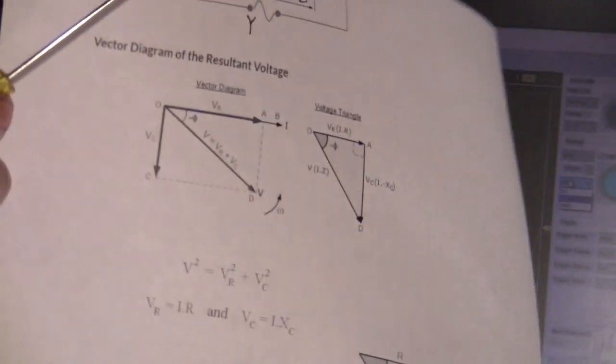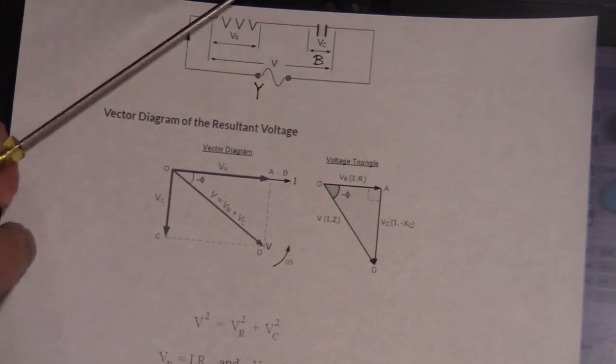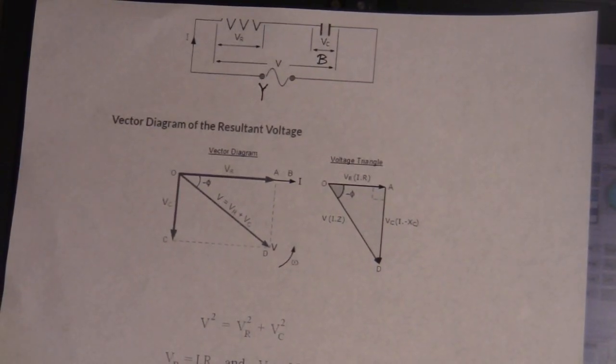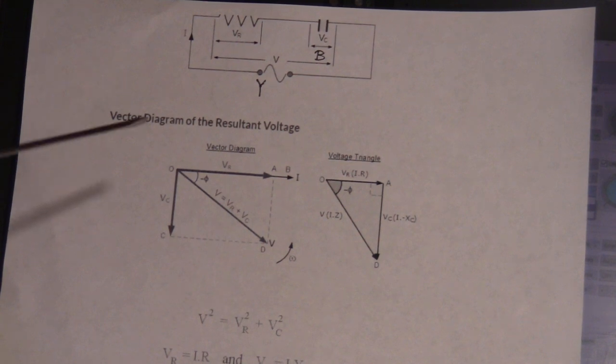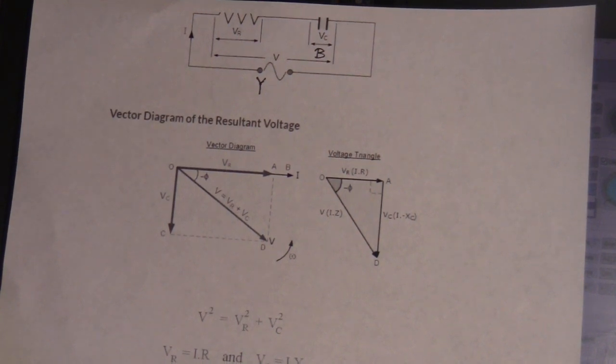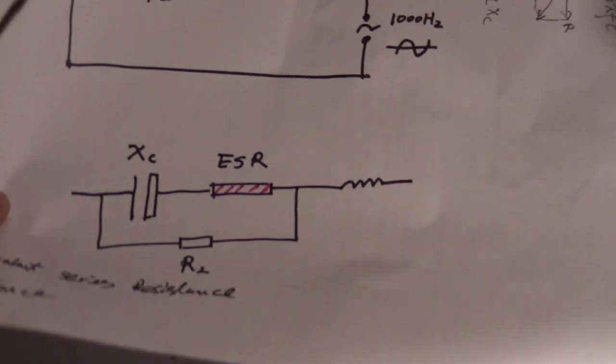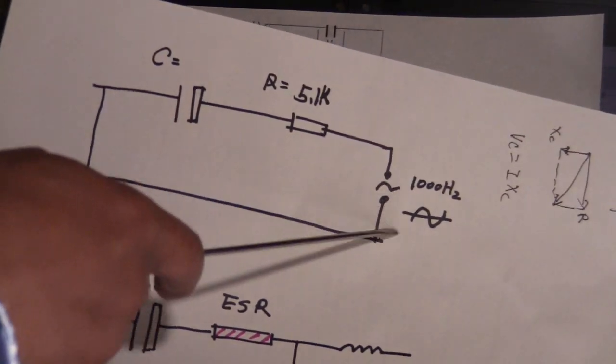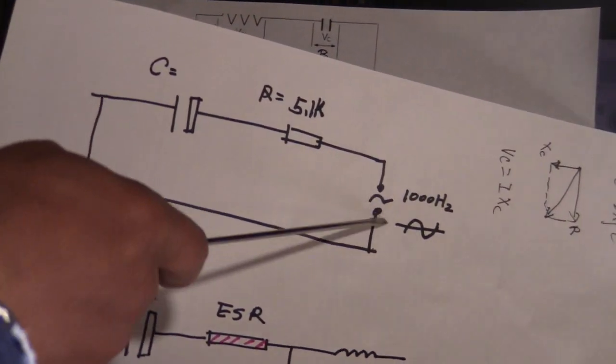And what does that yellow line mean to us? The yellow line is the thing we measure from the signal input, over here. It's the whole thing.